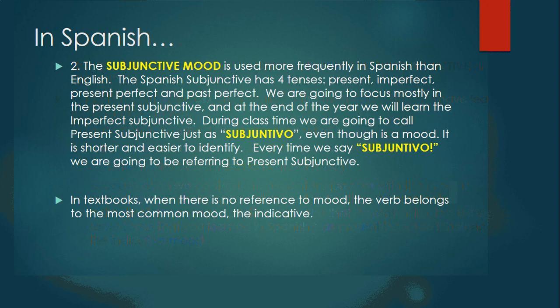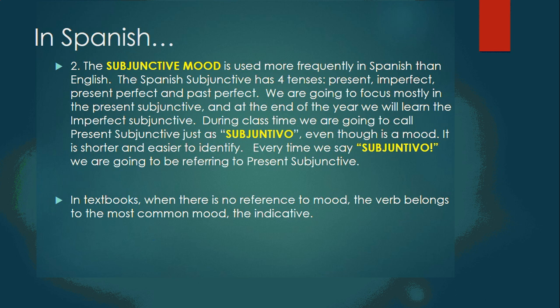In Spanish, the subjunctive mood is used more frequently than in English. The Spanish subjunctive has four tenses: present, imperfect, present perfect, and past perfect. We're going to focus mostly on the present subjunctive, and at the end of the year, we will learn the imperfect subjunctive.